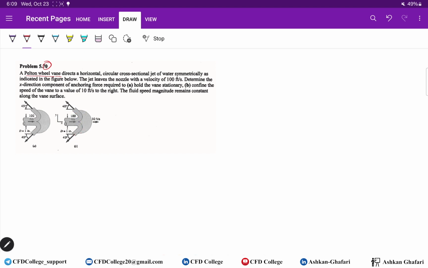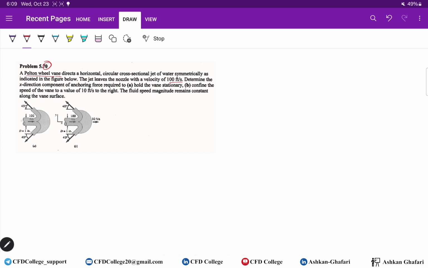Okay, the jet leaves the nozzle with a velocity of 100 feet per second. So the inlet velocity is 100 feet per second. Determine the x direction component of the anchoring force required to hold the vane stationary.